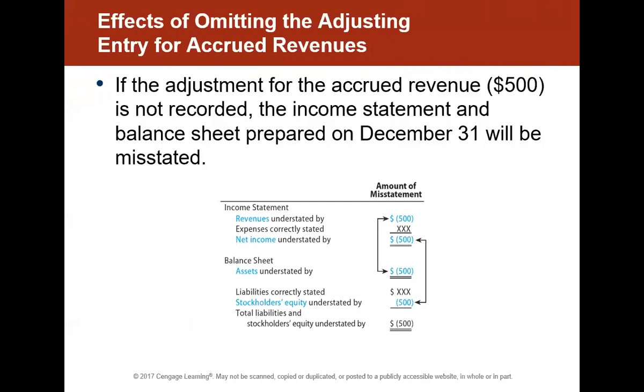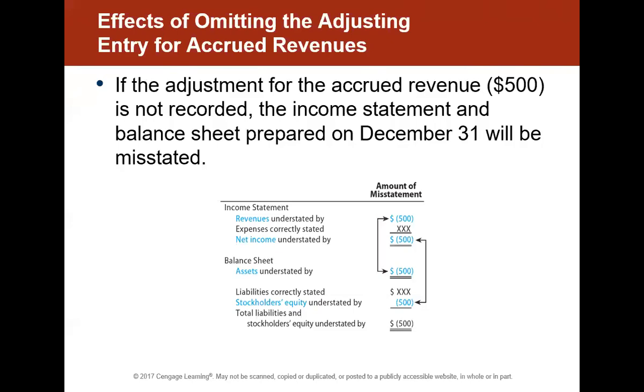So when we don't do the adjusting entries, the end game here is that our financial statements aren't accurate. And that is a violation of GAAP, okay? Because we need to report all the revenues and all the expenses in the period. So what's the end game here? Well, if your net income were understated, your tax liability would be lower, which then the IRS is not happy.